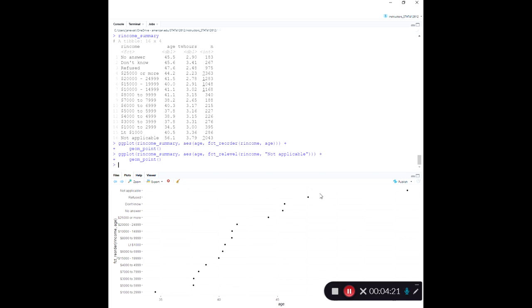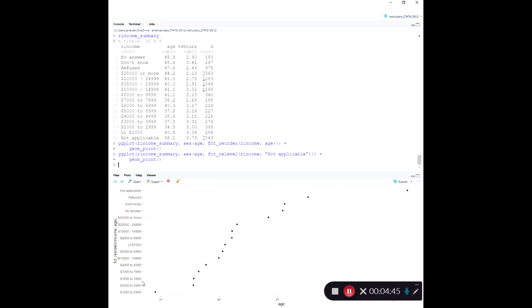The previous graph, well, I don't think this one's all that bad, other than these are out of order. They're no longer in order because income is an ordered factor. It makes sense to have the less than 1,000 below the 1,000 to 2,999.